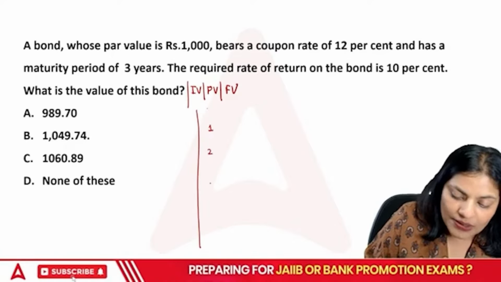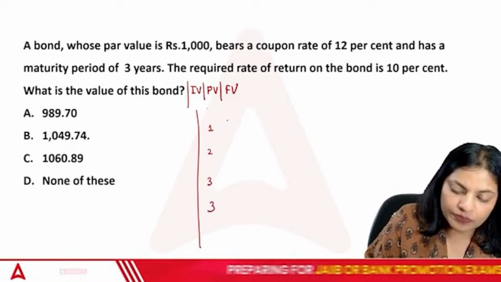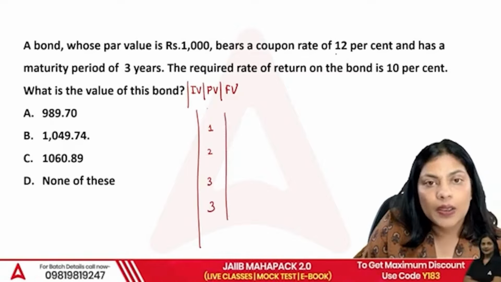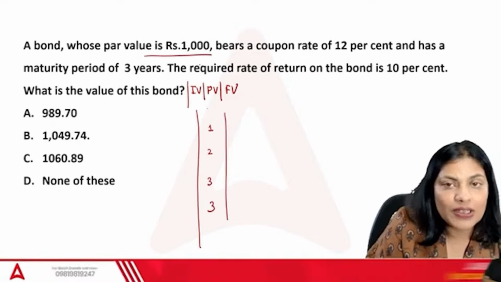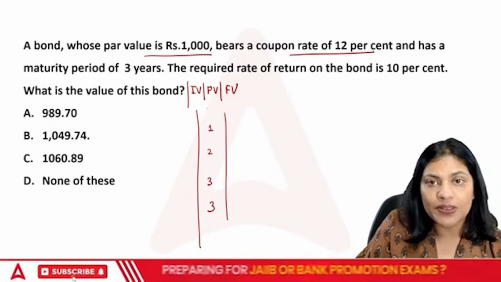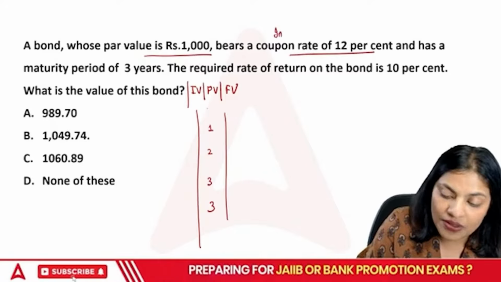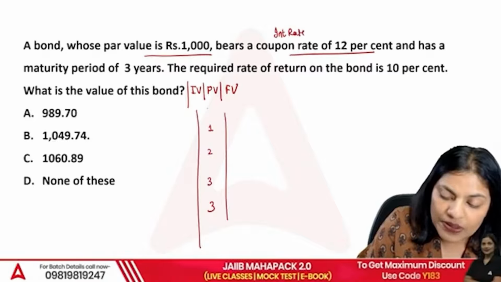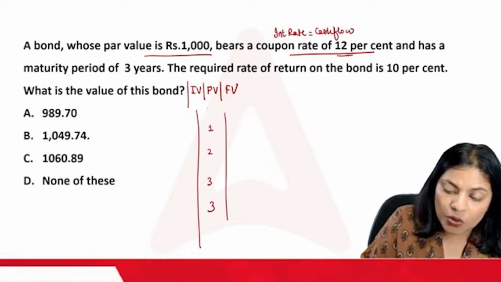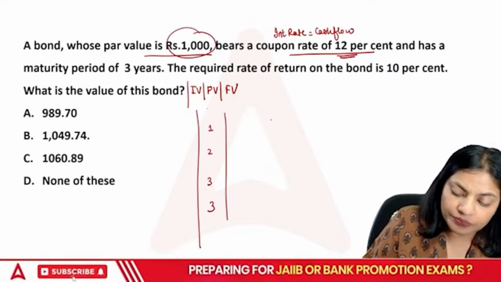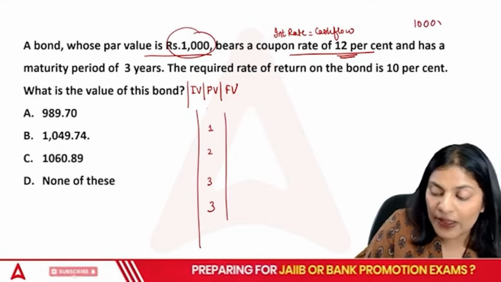Now, whenever such question comes, first of all, how do we solve it? It says 3 years. Let's write over here 3 years. Now, the par value of a bond is 1,000 and the coupon rate is 12%. That means interest rate is 12% and interest will be the cash flow that we will receive every year. So 12% on 1,000 will give us 120.